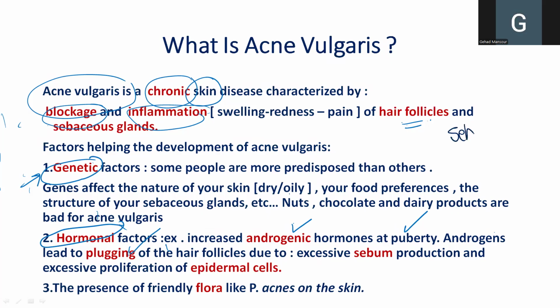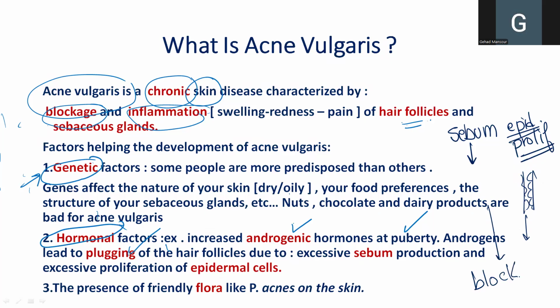The changes that occur in the sebum, being thicker, being more abundant, being stickier, as well as the epidermal proliferation, or increased number of cells and cell division in the duct, because when the cells divide rapidly, they block the duct.